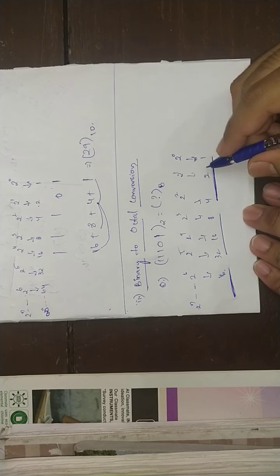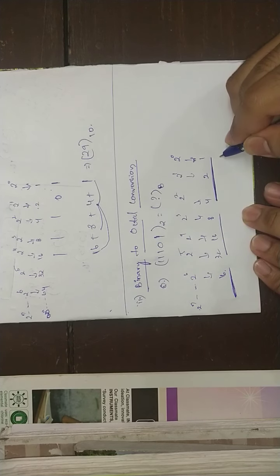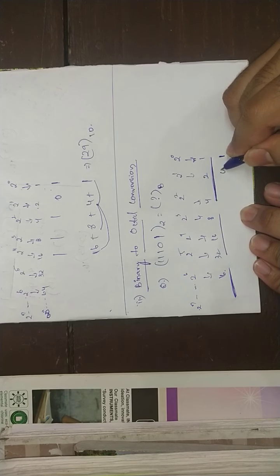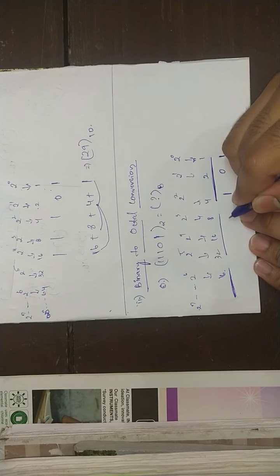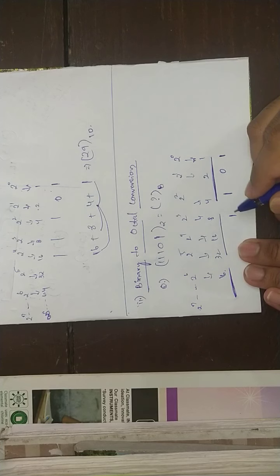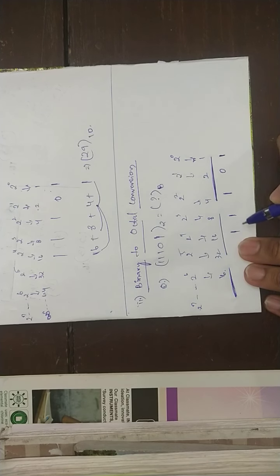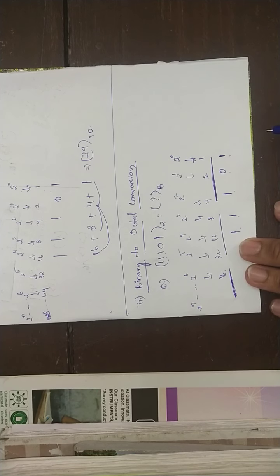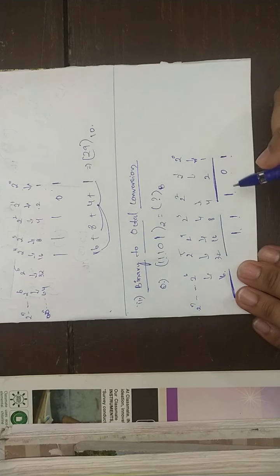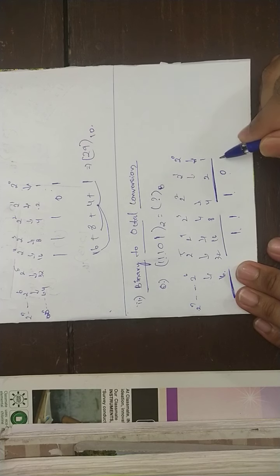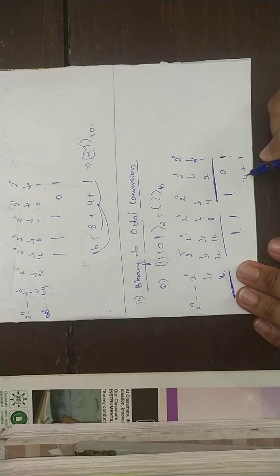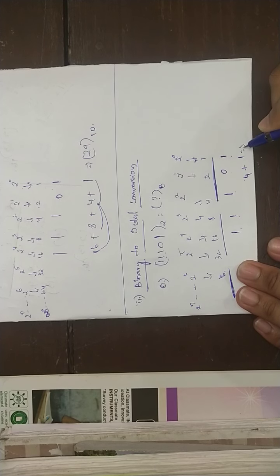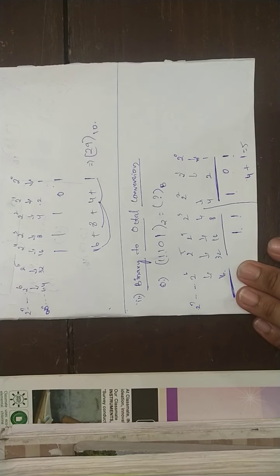In this you have to write the numbers 1 0 1 1 1, positions 1 2 3 4 5. Now here what is the value? By 1, what is the value? 1 plus 4, it is 5, and this part is completed.